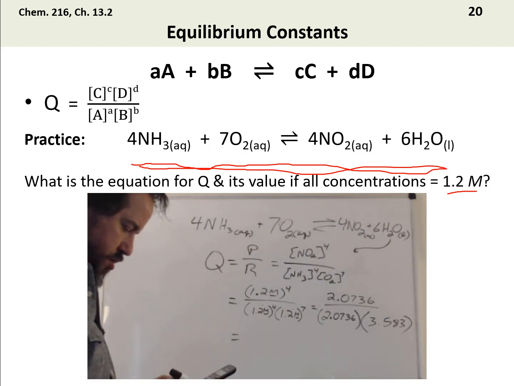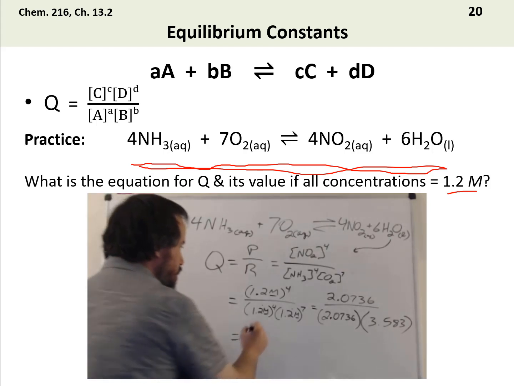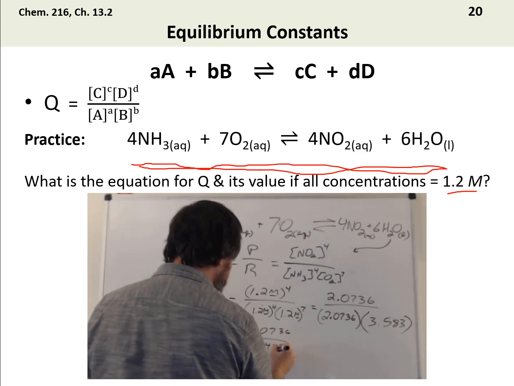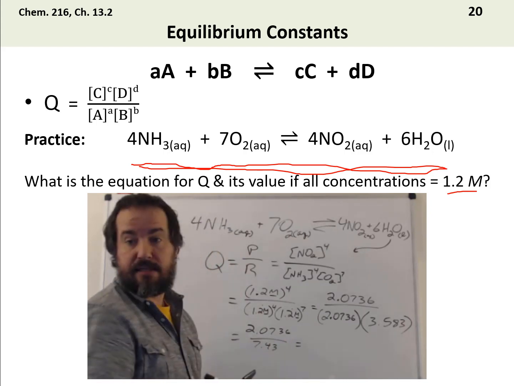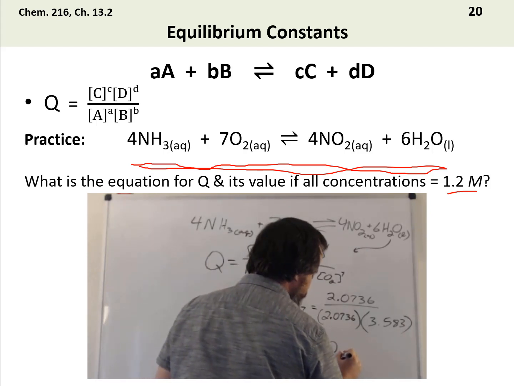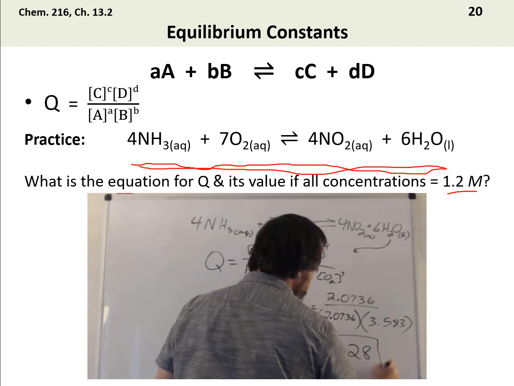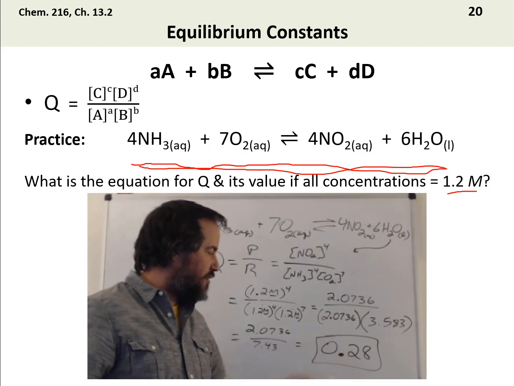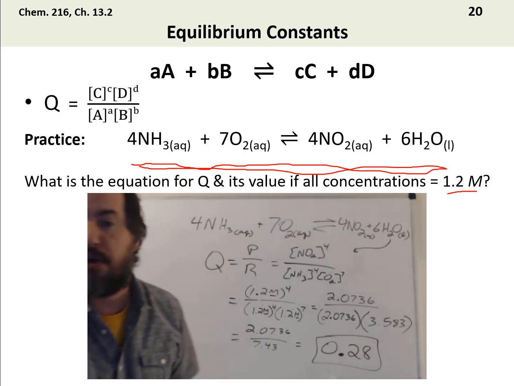Two 2.0736 over 7.43, and that's going to give me 0.2. I started off with 2 sig figs, so I end with 2 sig figs, and Q does not have units.